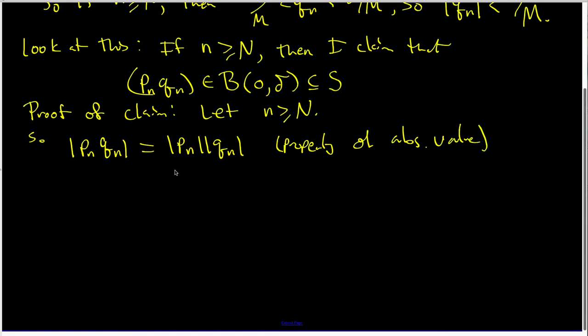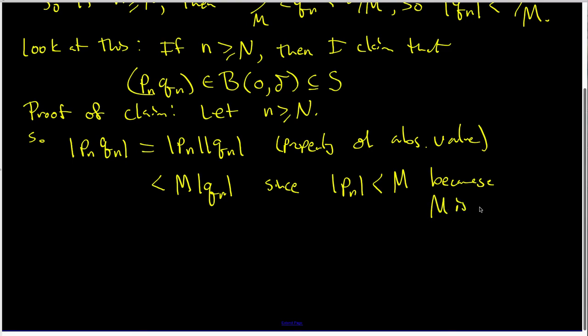But now I know that the absolute value of Pn is less than capital M. So the absolute value of Pn times the absolute value of Qn is less than capital M times the absolute value of Qn. And this is since the absolute value of Pn is less than capital M, because capital M is a bound on the set of pk's. We did that back in the previous panel.